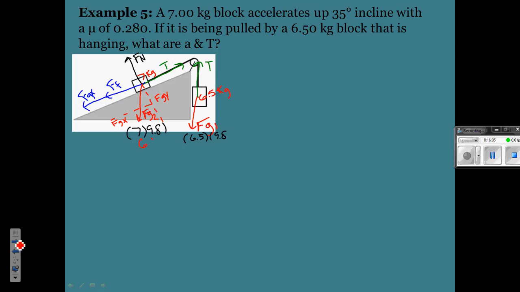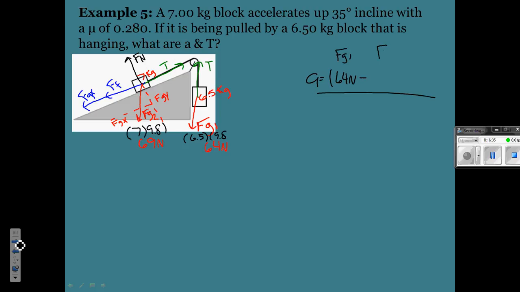So I'm just going to be not using decimals as much as I possibly can. And this is 64 newtons. Okay? So, before I can find my acceleration, I've got to find my F of g1, which I have found, and I'm going to go ahead and start putting it in my equation.